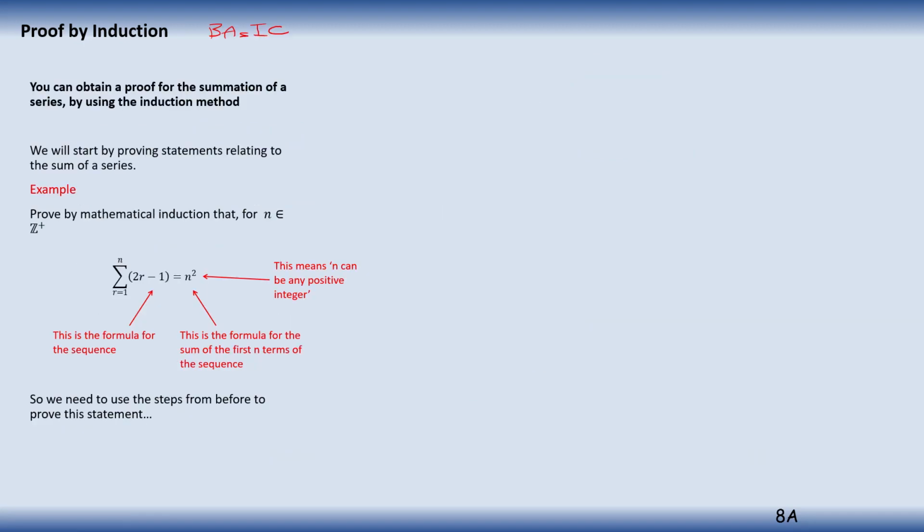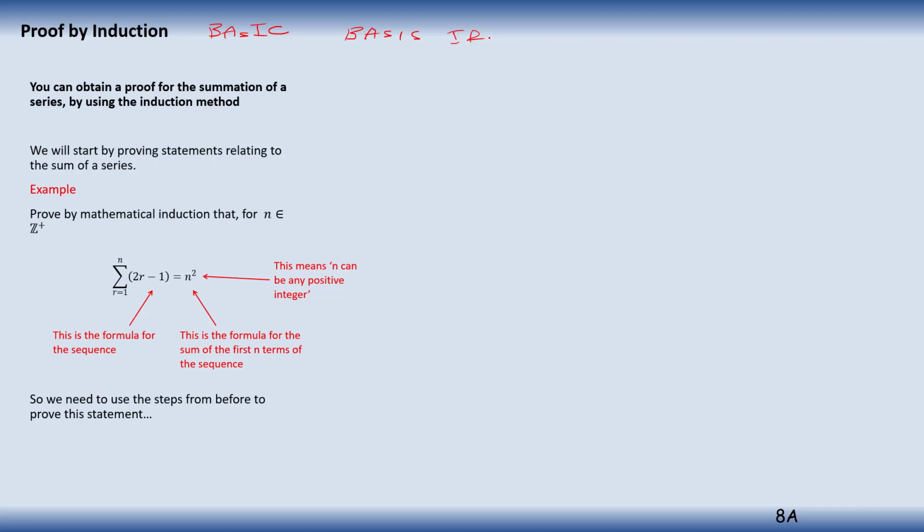So here's our example. Prove that for any n in the positive integers, the sum from r equals 1 to n of 2r minus 1 is equal to n squared. So using BAIC, first step is basis. We're going to prove that the case is true for n equals 1.